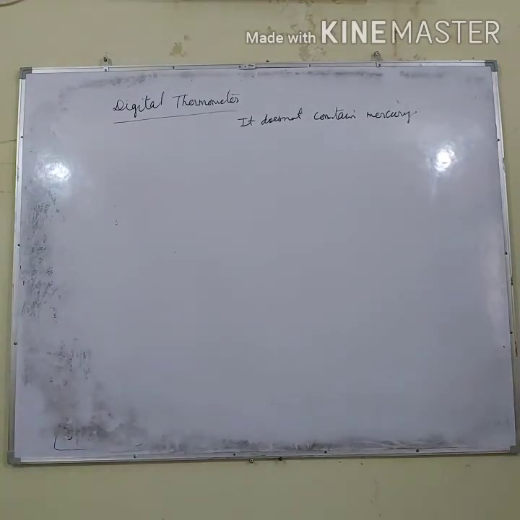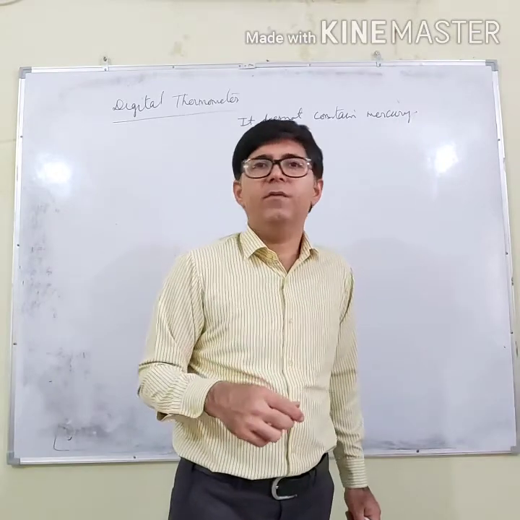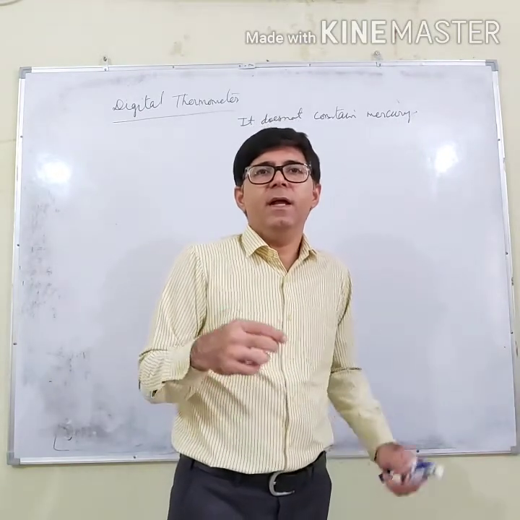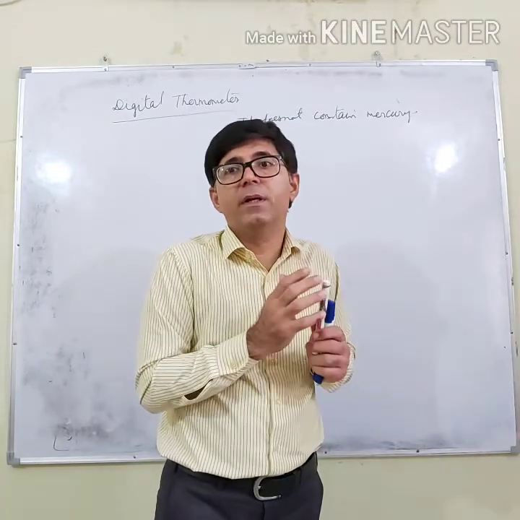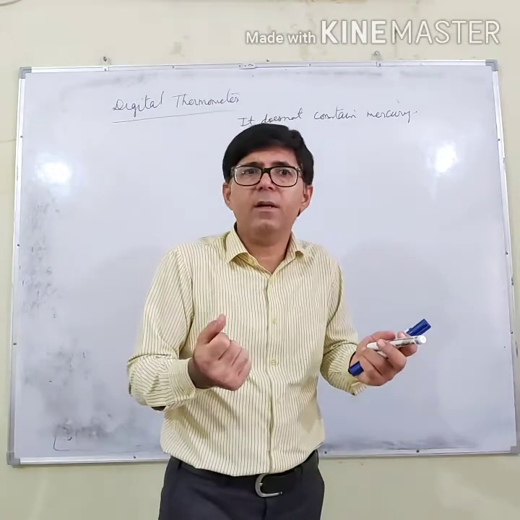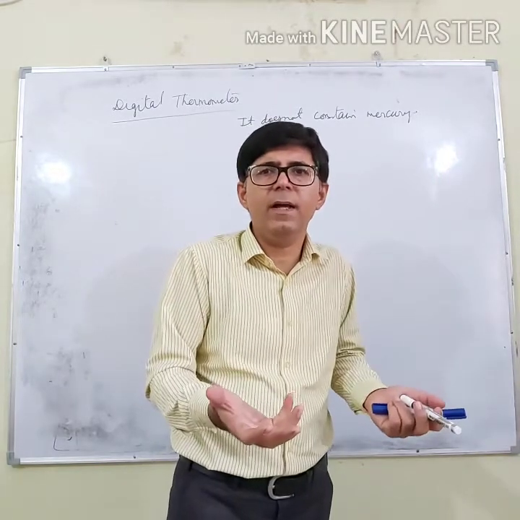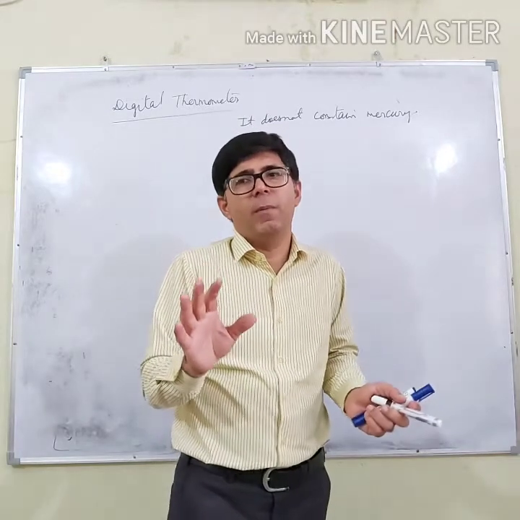And nowadays we are using the digital thermometer because digital thermometers are accurate. The second benefit is that if a mercury thermometer breaks, the mercury comes out, and that mercury is not good for our health. So its disposal is a big problem.